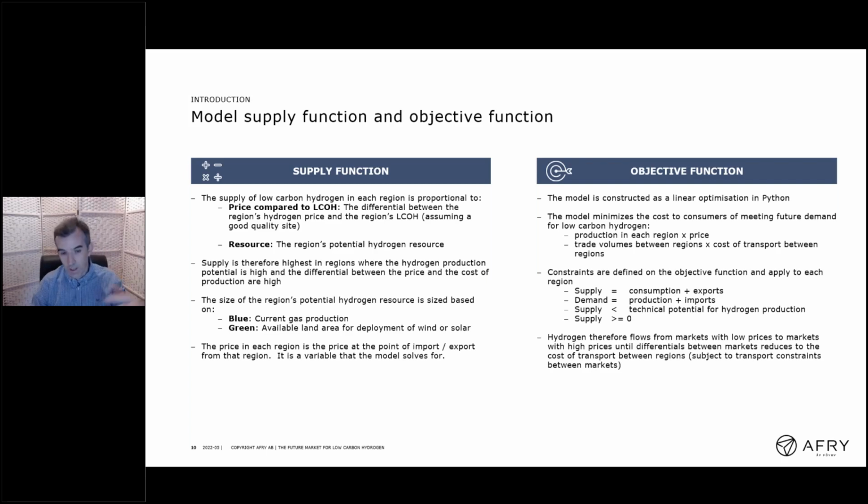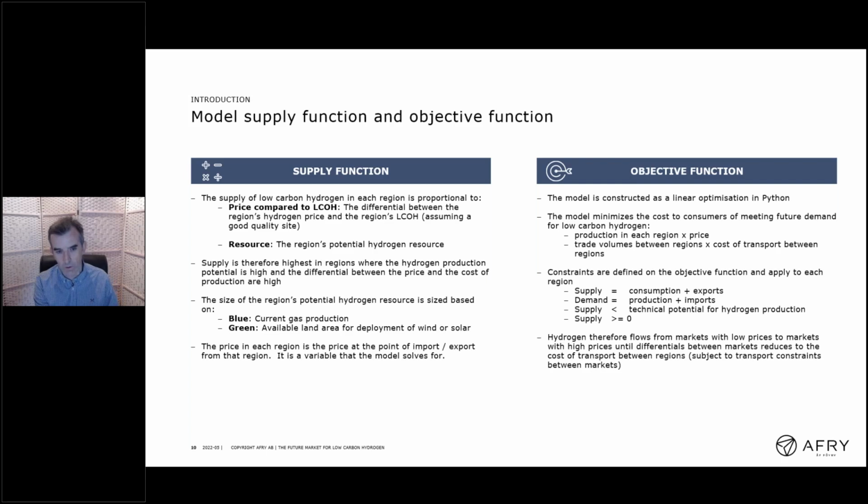So the higher the regional price compared to its cost of production, the more hydrogen it will produce. And obviously, if the price is less than the levelized cost, then that region would rationally not produce any hydrogen. But the more you increase the price in the region above the levelized cost of a project on a good site, the more supply you will get.